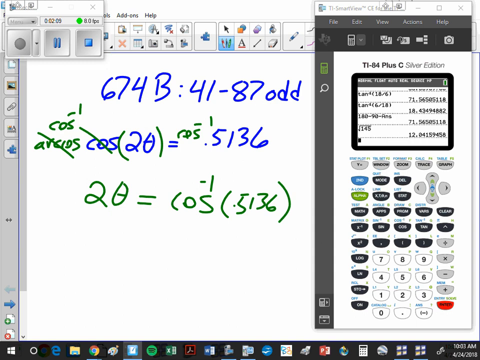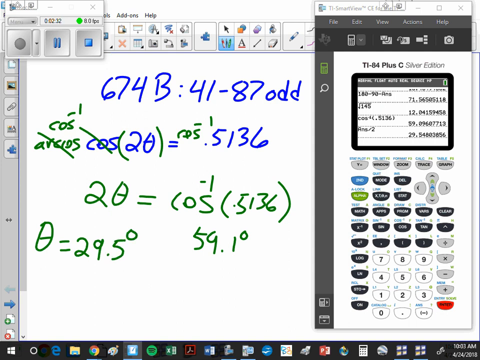So we type that in, and I get 59.1 degrees. Divide that by 2, and I get theta is equal to 29.5 degrees.